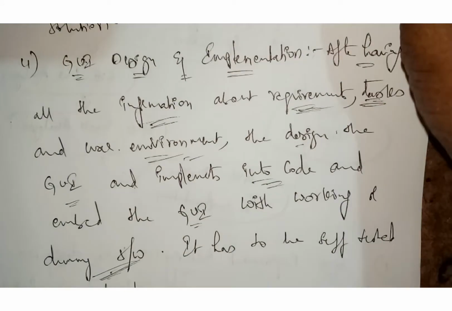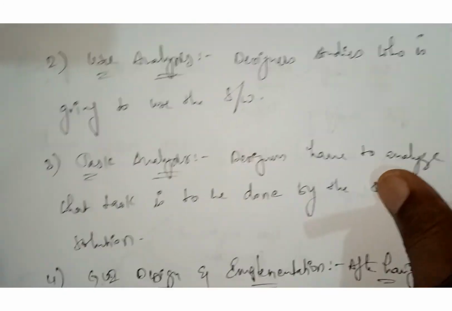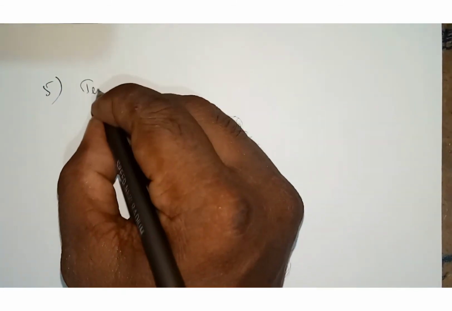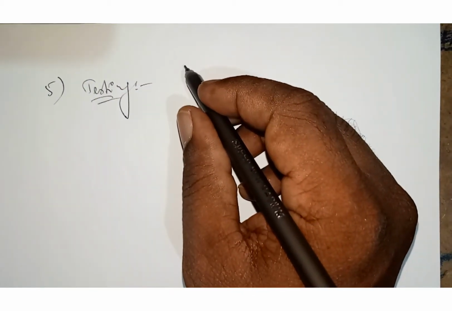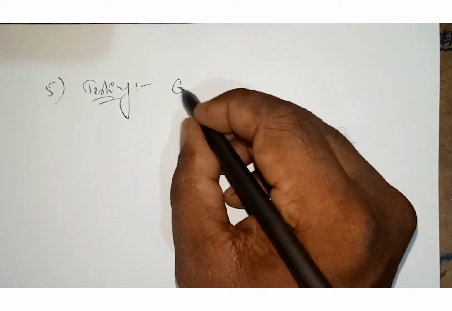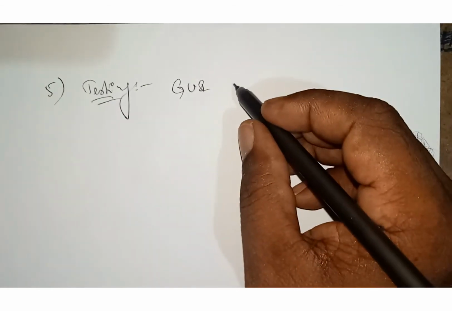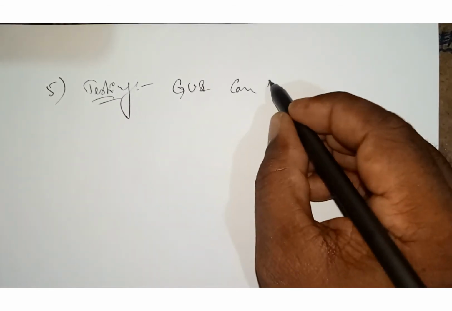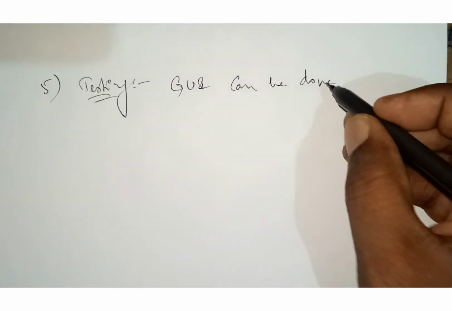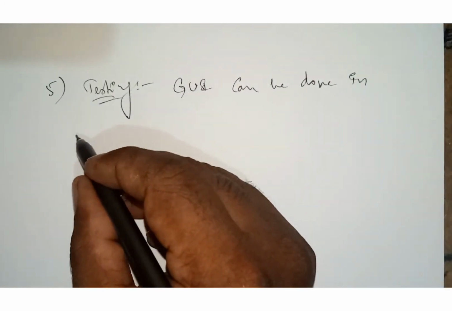Again, the last one is testing. Fifth one is testing. GUI testing, graphical user interface testing, can be done in various ways.